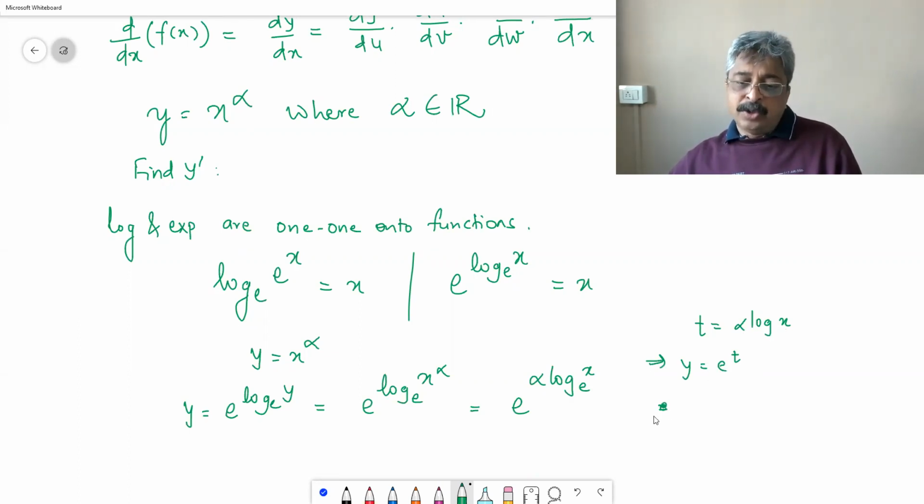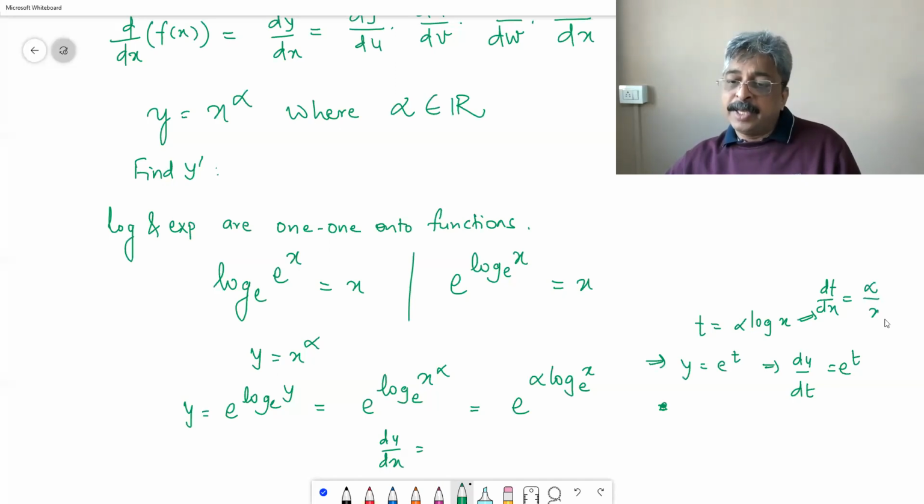Therefore chain rule. So if I want to find out dy by dx, what should I do? I should first write y as e raised to t, dy by dt is e raised to t, and dt by dx is equal to alpha upon x.